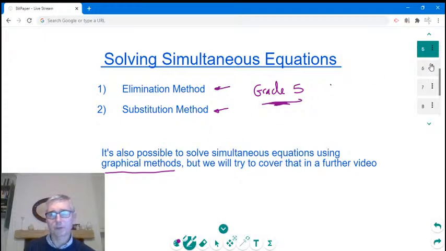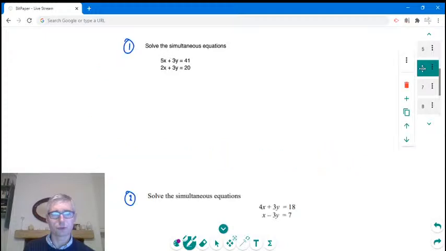So I'm going to start to look at some actual questions. So we've got simultaneous equations here. I'm going to use the elimination method to solve these. And we can see what makes this a simultaneous equation is that we actually have two variables. So in a simultaneous equation, there's two or more variables, unknowns is another way of saying that.